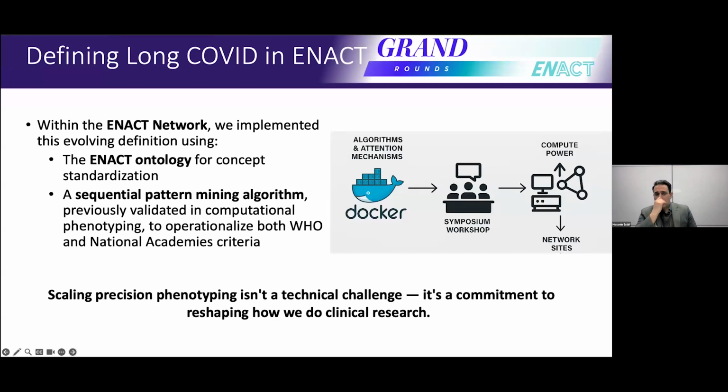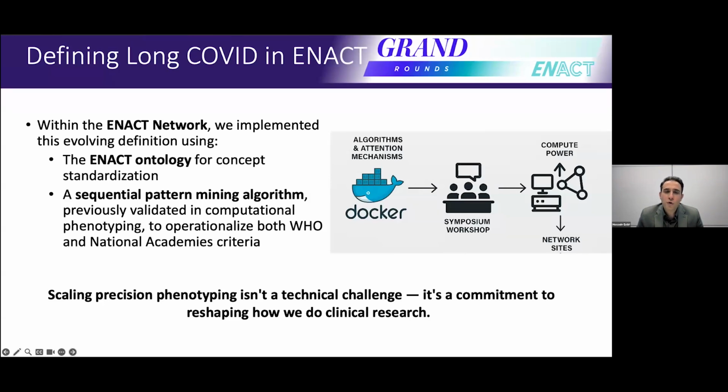So to turn these definitions into action, we leaned on 2 key tools. One of them was the ENACT ontology, and the other one was a sequential pattern mining algorithm we had developed in the past. These tools basically gave us a flexible data-driven phenotype aligned with both the WHO and the National Academies frameworks, and ready to deploy across the ENACT network's distributed EHR partners.